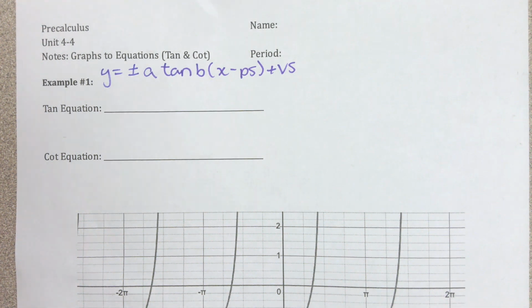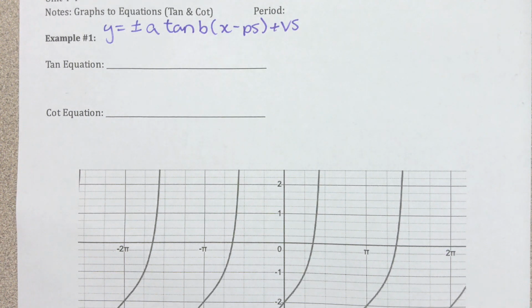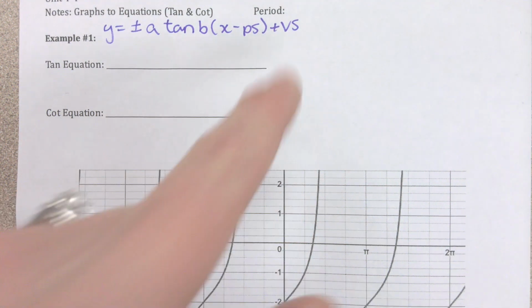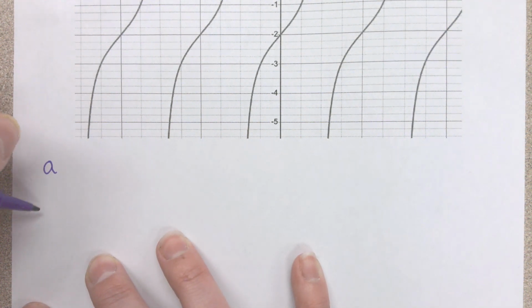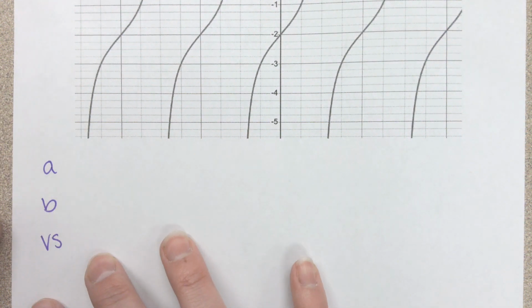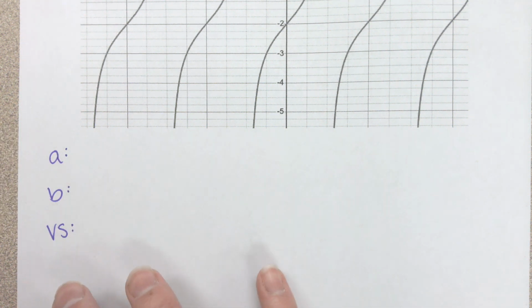So again, the equation's the same. We are looking for the same main three variables first because those variables don't change from one equation to the next. Those are A, B, and vertical shift. So again, we will start our problem by finding those three first.